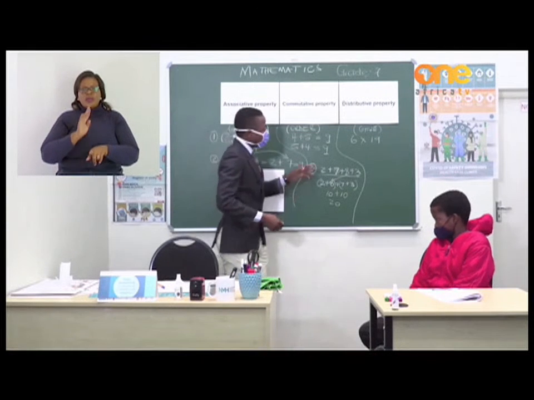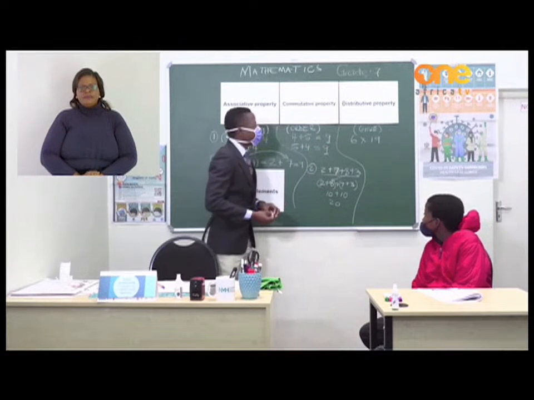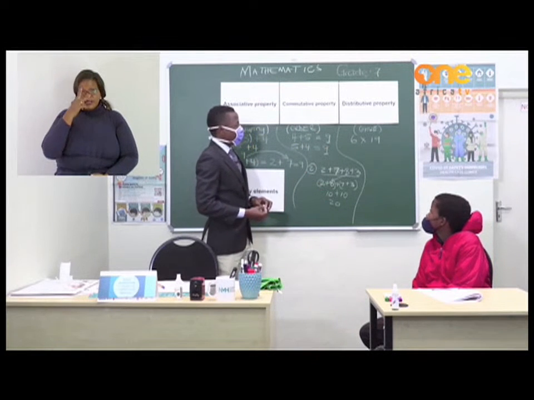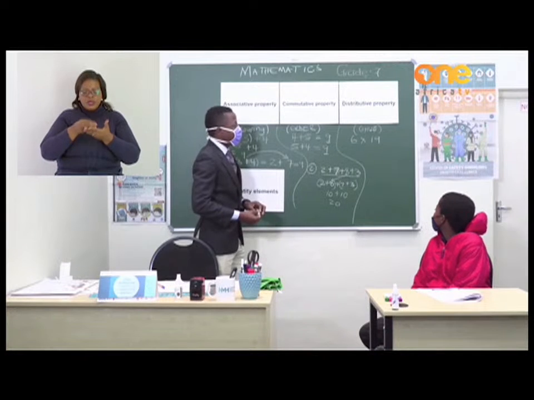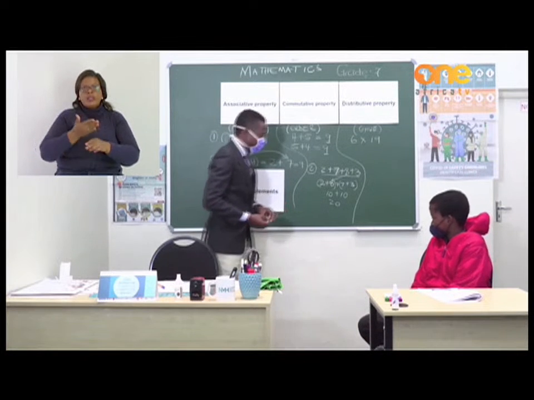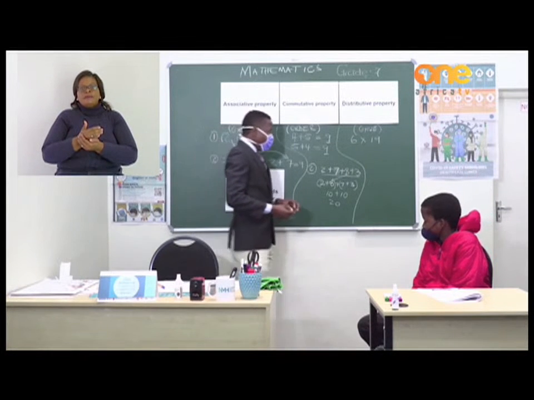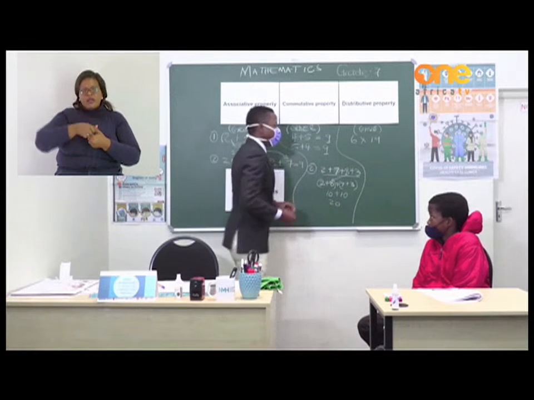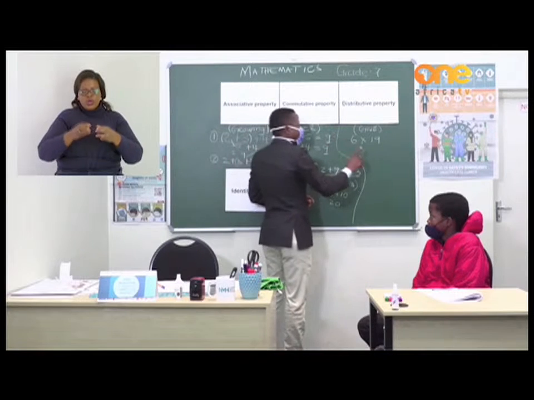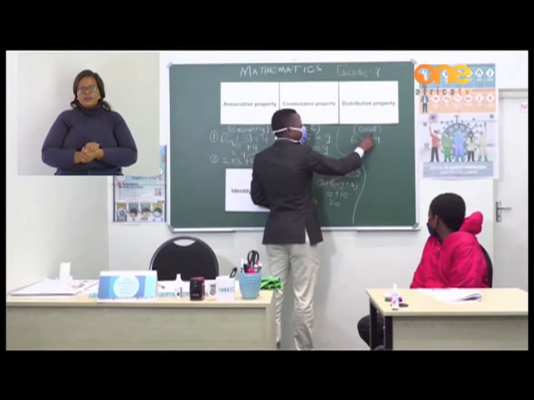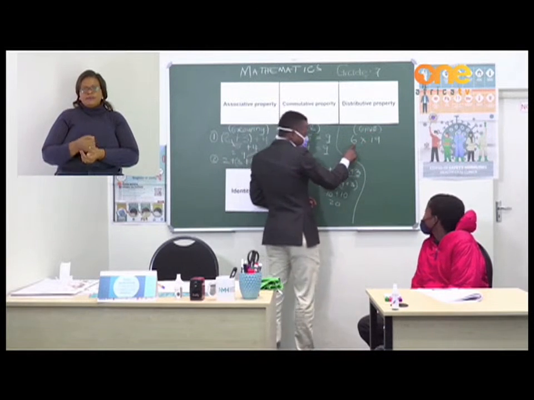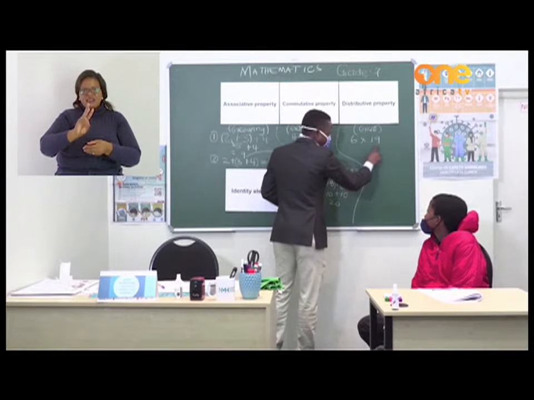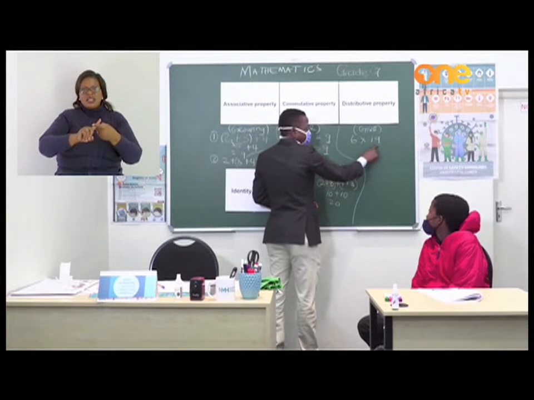Now let us go to the main property of today, which is the distributive property. You need to remind yourself about expanding, because here we are giving 6 to this number, but it must be expanded.